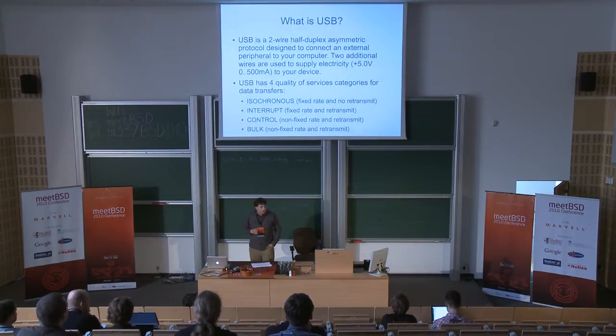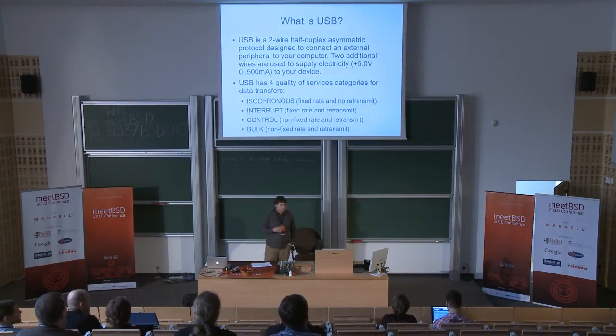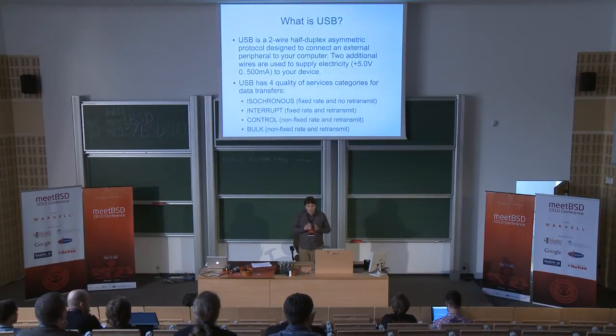USB is divided into 4 quality of service categories. The most high priority transactions you can do are called isochronous transactions. These are transactions that happen at a fixed interval, and there's no retransmission of the data.